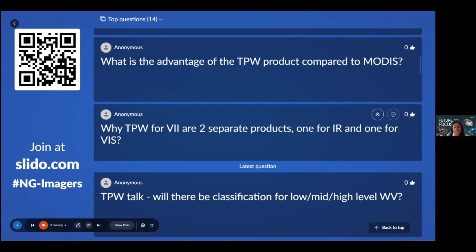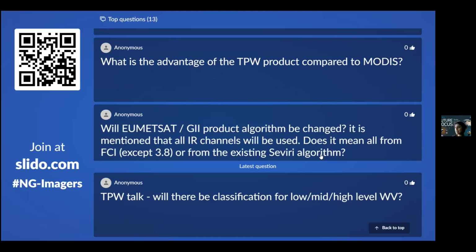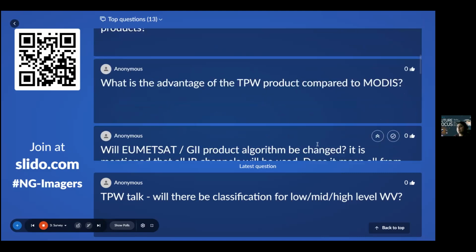Okay. The second question. Which one did you want to take? It's the advantage. What is the advantage with respect to MODIS? With respect to MODIS, the products are very, very similar. They are based on the same bands, both for the visible and for the infrared.